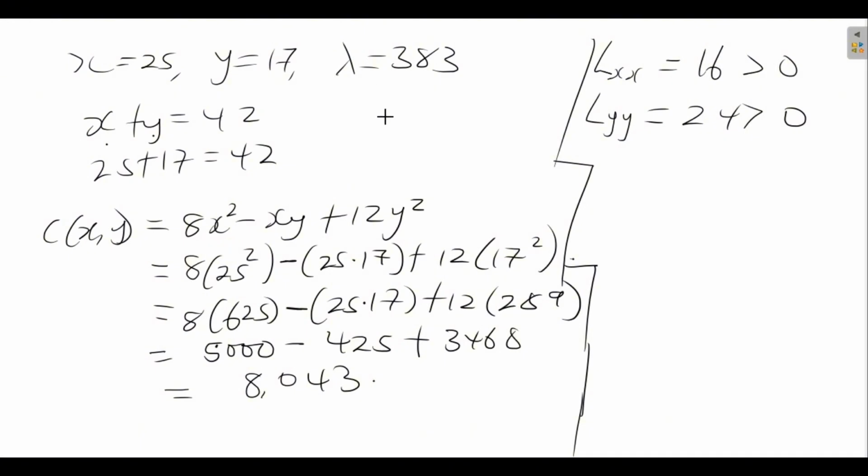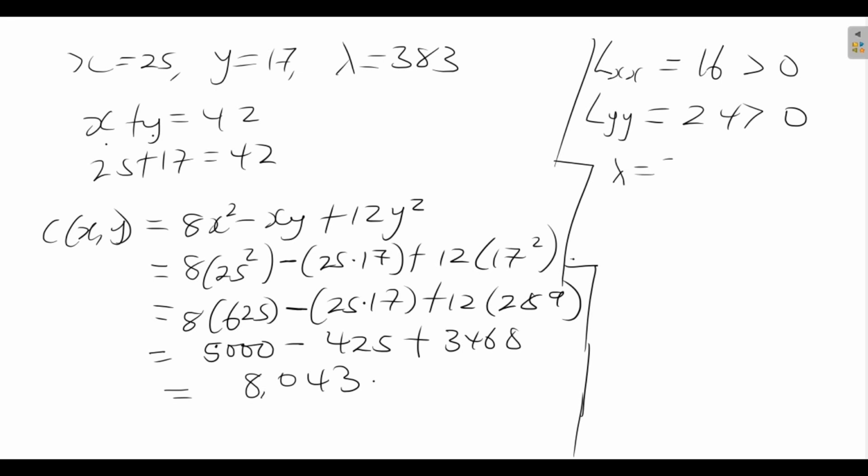Now the lambda has an interpretation. As I said earlier, I told you what the lambda means. So now, given that our lambda is 383, we are going to interpret this. Don't forget the interpretation I gave to you.